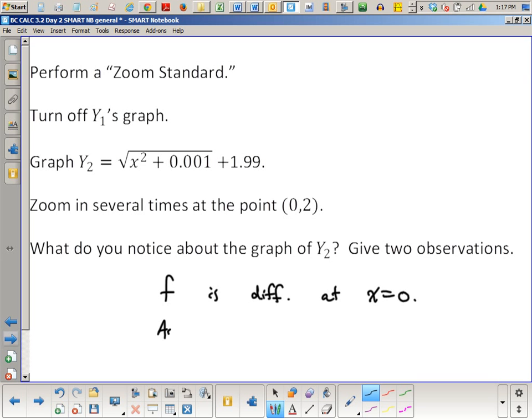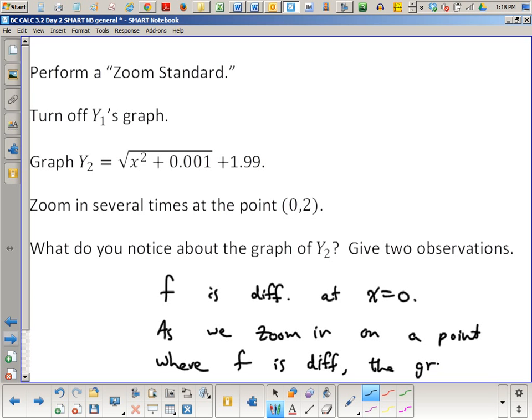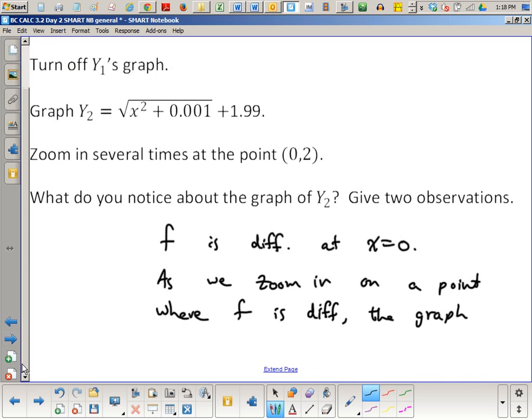And as we zoom in on a point where F is differentiable, the graph of F appears linear.